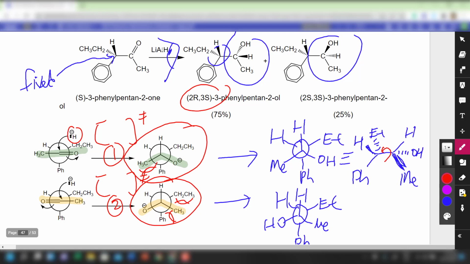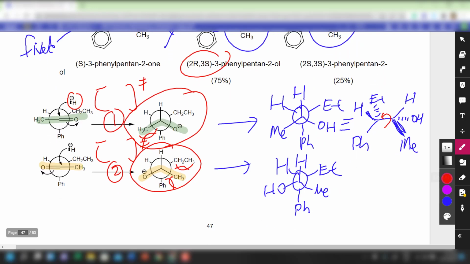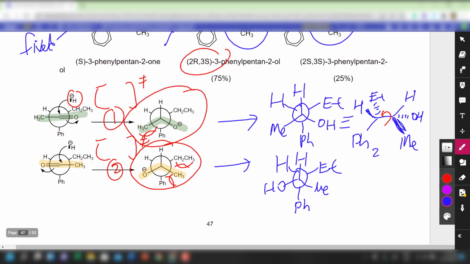So if I rotate this anti-clockwise a little bit, the H will now be projecting out towards me, the OH will still be pointing in, and I'm going to put a methyl group on the same plane. So this will be the 2R,3S. And then for the other one, it will look like this.